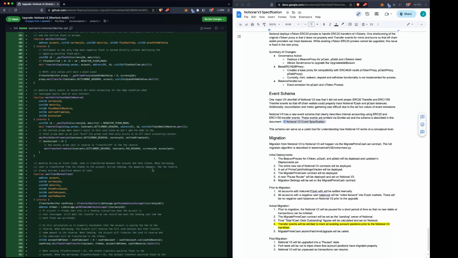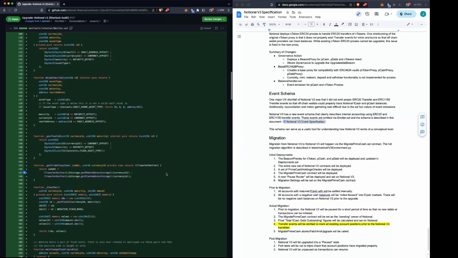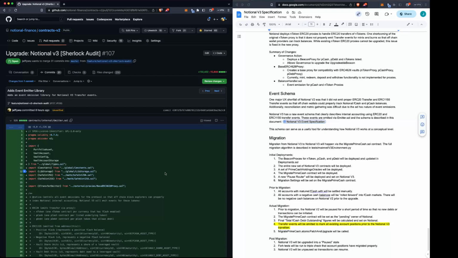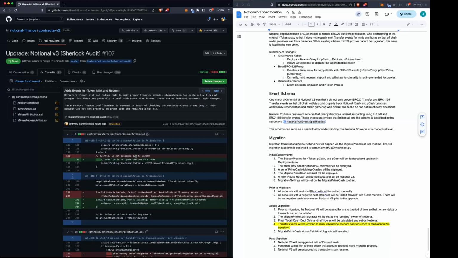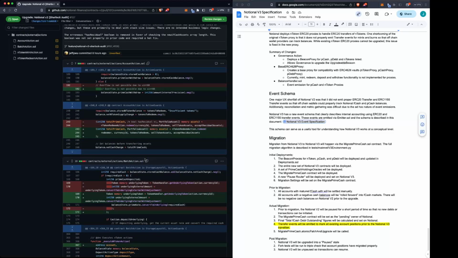Like, what is actually happening from a conceptual level. That's what we've tried to encode in these events and make it really easy to analyze what's happening when we look at Notional off chain. So this is something I'm really excited about because we'll be able to make some cool looking charts and graphs off of it.